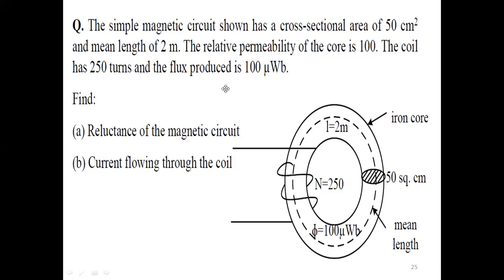The relative permeability of the core is 100. The coil has 250 turns and the flux produced is 100 microweber.